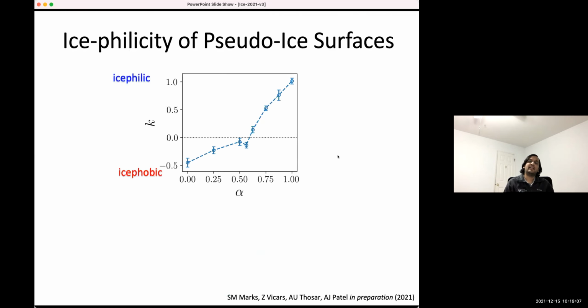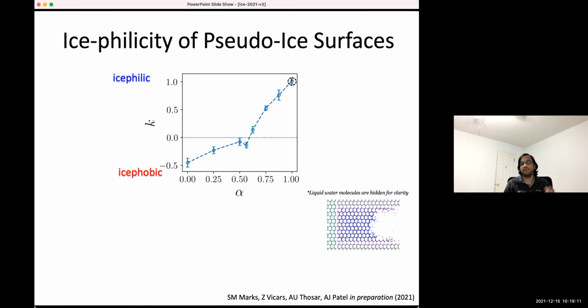And what we find is that as we reduce the polarity of the surface, of course, when we start with essentially the position restrained ice surface, it's perfectly icephilic, has a K of 1. But as we start to reduce the polarity, the icephilicity of the surface starts to drop quite rapidly.